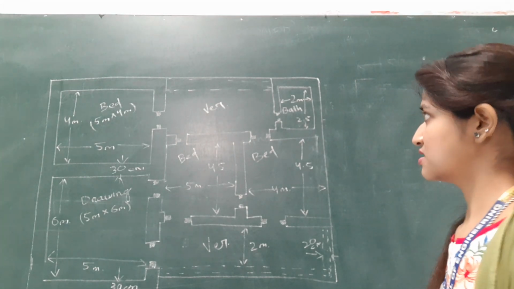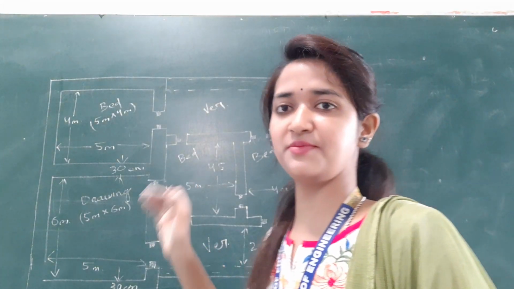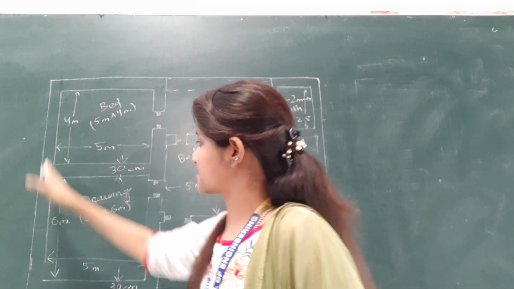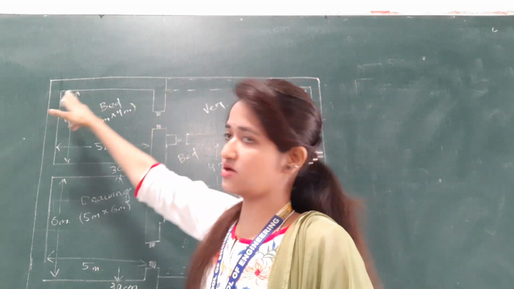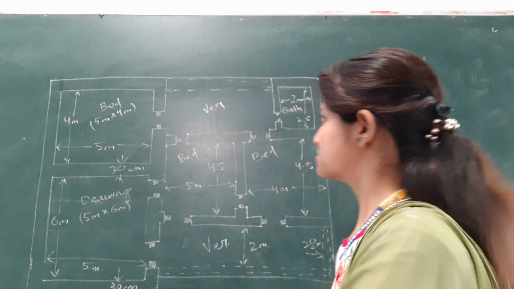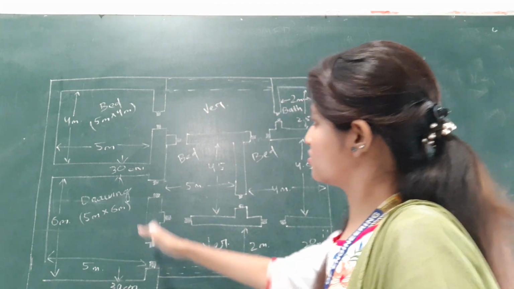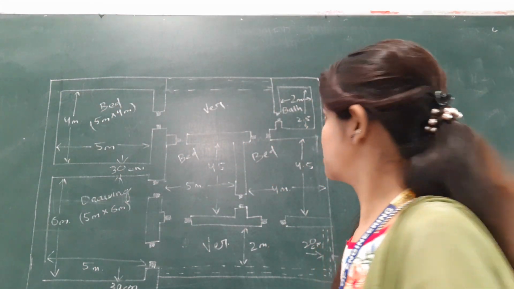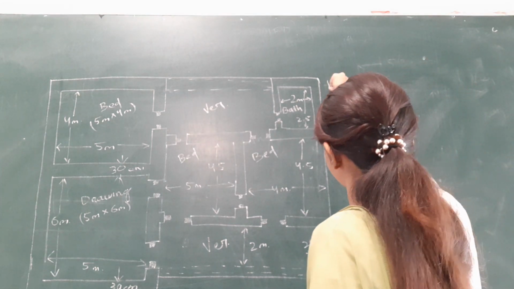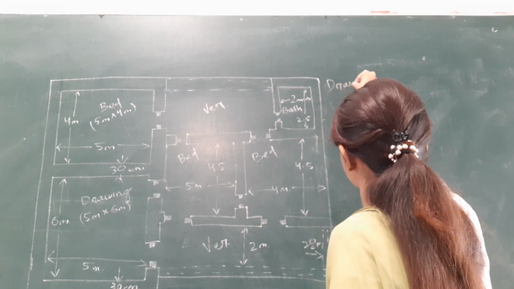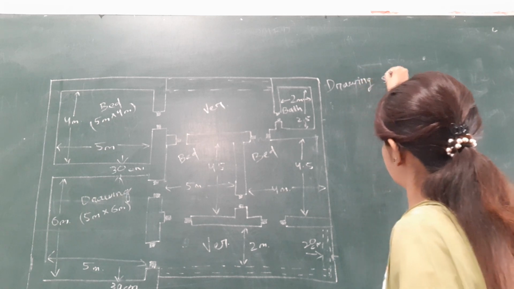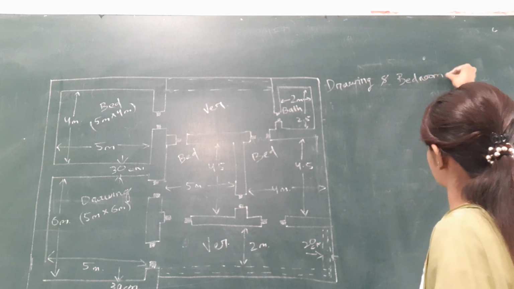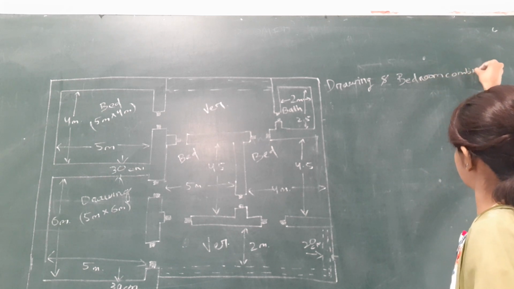For our comfort, first we can take this rectangular portion. See, there is a rectangular portion, yes or no? So we can take this whole area, one bedroom plus the drawing room, drawing and bedroom combined.